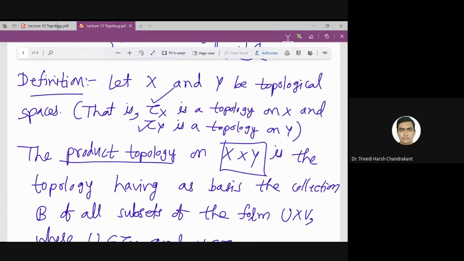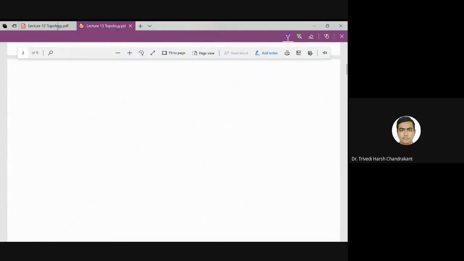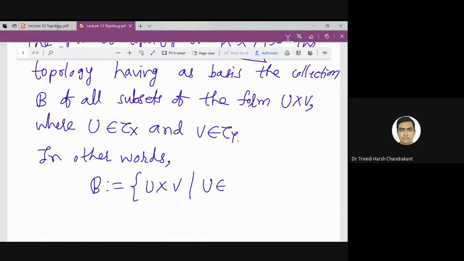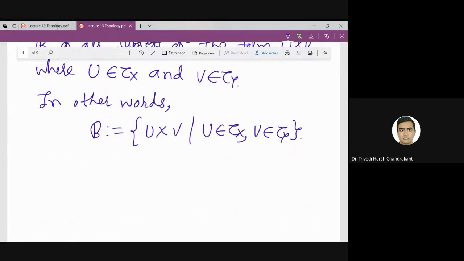So if I want to define a topology, I will take the subsets, in other words, I am considering the family B, which is U cross V, where U is in tau X and V is in tau Y. We want to show that this is a basis on X cross Y.